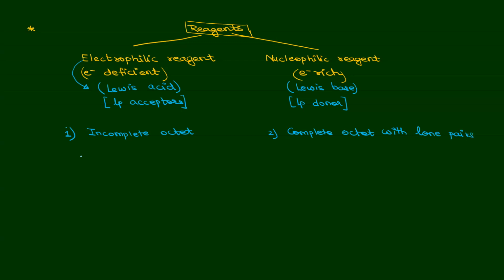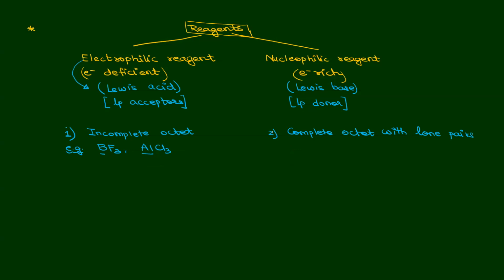So for example, in incomplete octet we have boron trifluoride BF3, aluminium trichloride AlCl3. The boron and aluminium atoms both form 3 bonds, meaning 6 electrons. So they have a sextet of electrons and they are electron deficient.